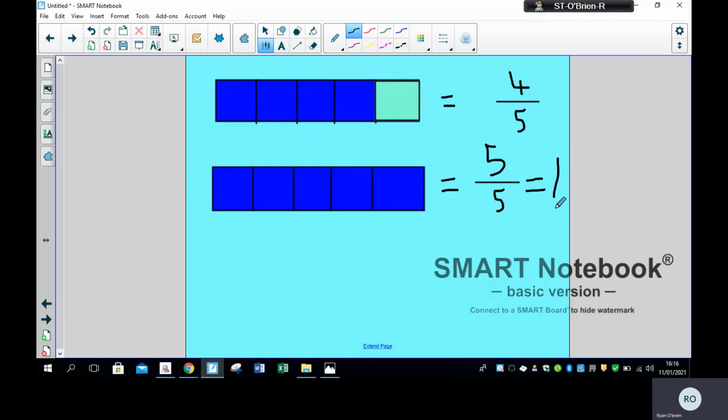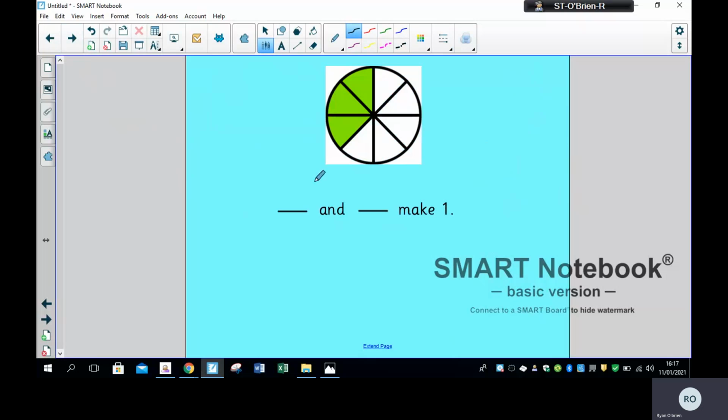So it's important that we remember that if every part is shaded, it's one whole, because today we're going to be making a whole. Here there's 1, 2, 3, 4, 5, 6, 7, 8, so there's 8 parts. I know my fraction is going to be so many 8s.